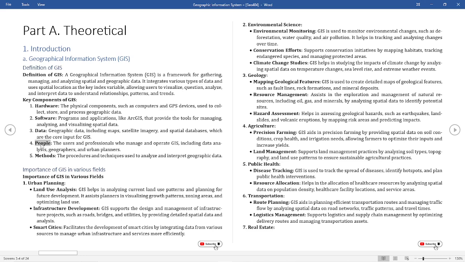And then the people, the users and professionals. Professionals, we can say that the one who do GIS analysis is professional, and one who uses the GIS maps or GIS data is the user.